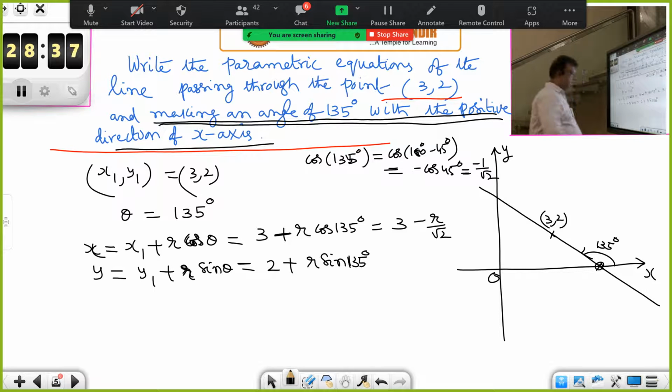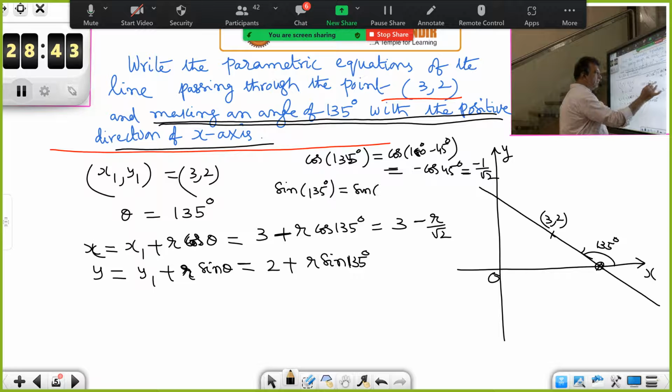Okay. Now here sin 135. Sin 180 minus 45. But sin 180 minus theta is what? Come on, Tanmayi. Sin theta, sir. So sin 45.